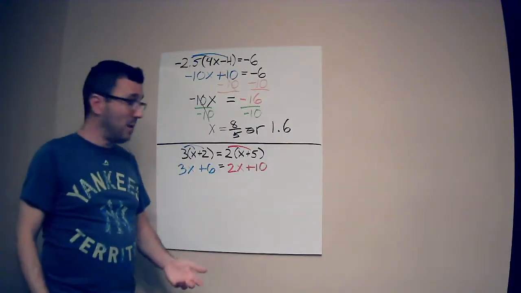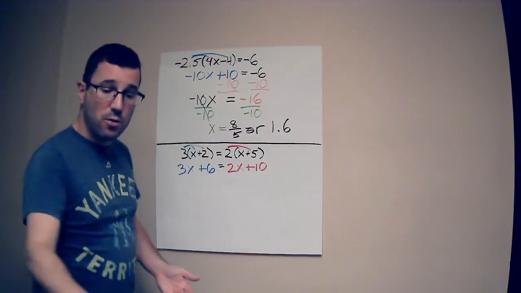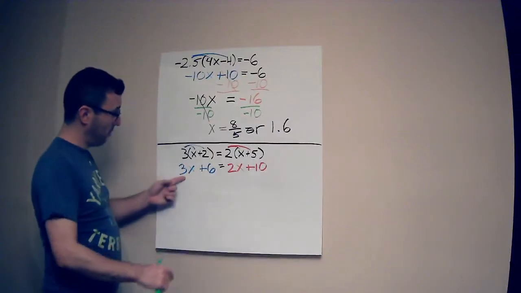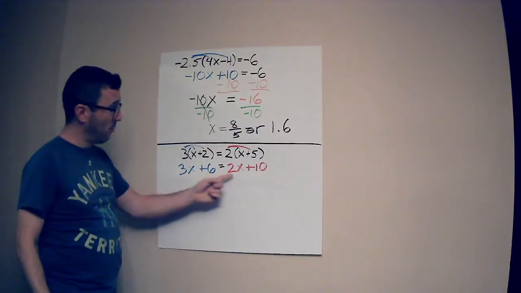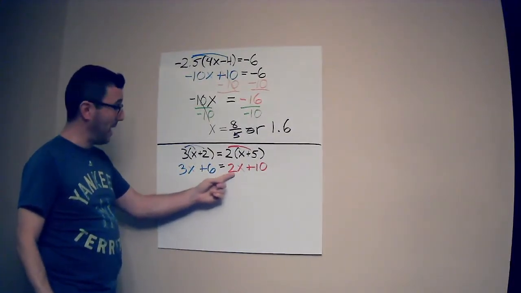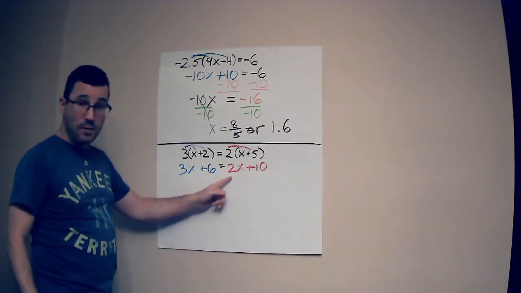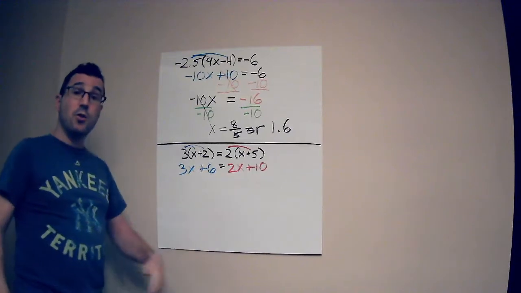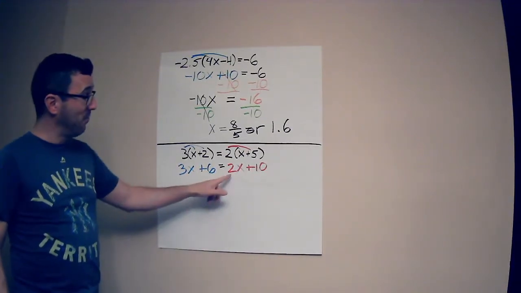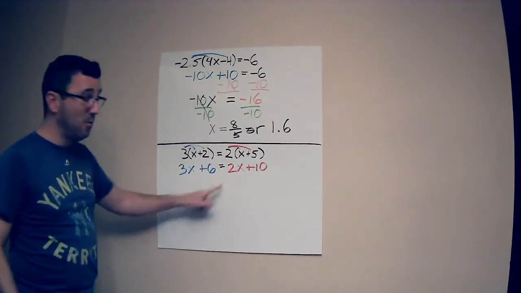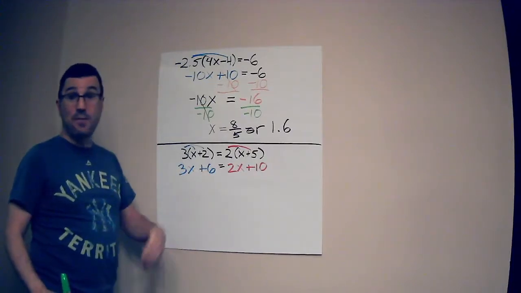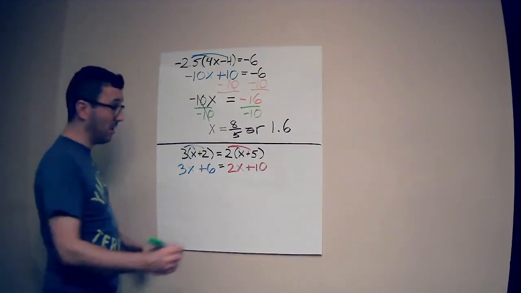So I have to look and say, which coefficient, 3x or 2x, which one of those has the smaller coefficient? Obviously it's 2x. So I'm going to add the opposite, meaning this is a positive 2, so I'm going to add a negative, or basically subtract from both sides.